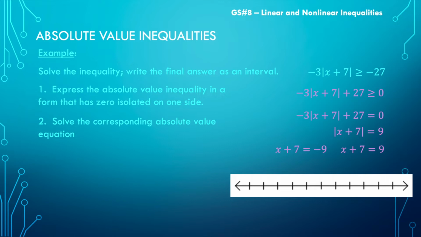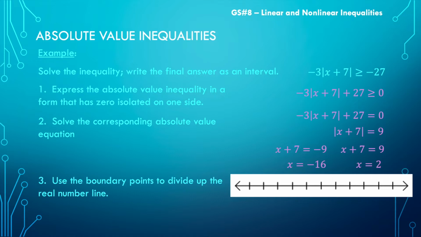When we solve those for x, we get the values x is equal to -16 and x is equal to 2. So we're going to go ahead and place those on the number line and use them as our boundary points. Then we identify the intervals that correspond with this number line that's been divided up.